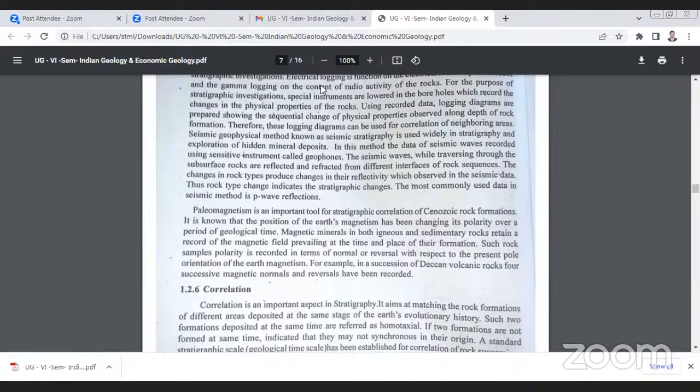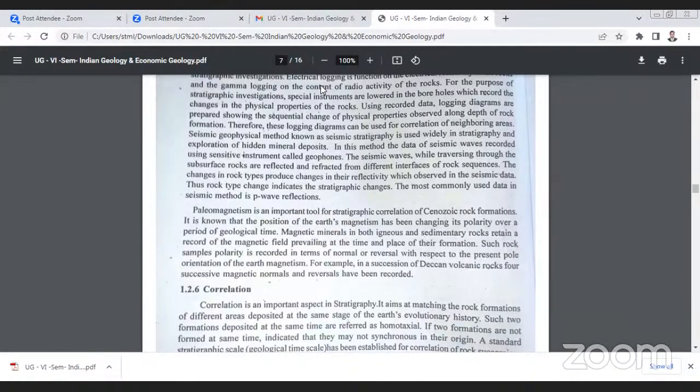Does rock type change indicate stratigraphic changes? The most commonly used seismic data method is based on P waves, that is, P wave reflections. Paleomagnetism also plays a very important role. We consider it an important tool for stratigraphic correlation of Cenozoic rock formations.